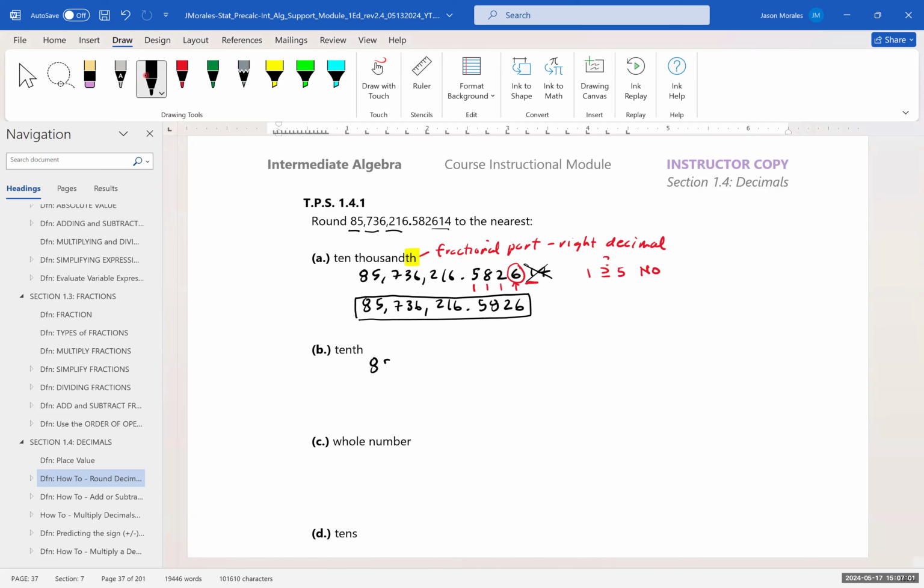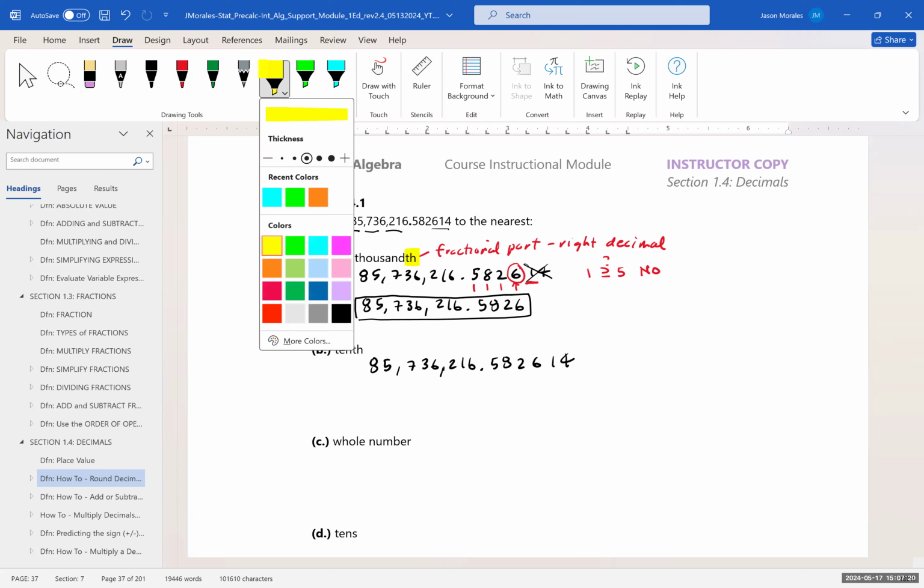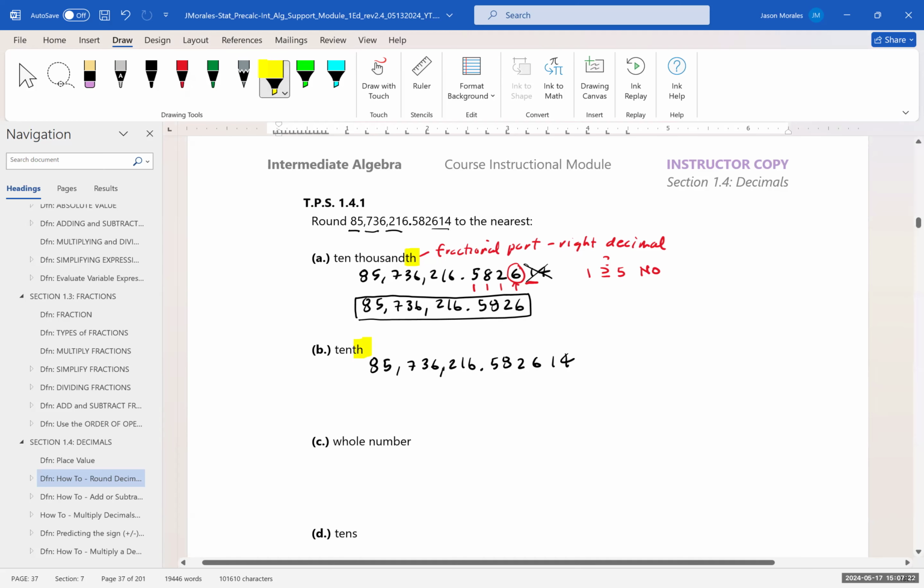Next, let's look at the tenths place. All right. So again, notice that this place value that we're interested in here has the suffix of th. So this is tenths. This is going to be in the fractional part to the right of the decimal.